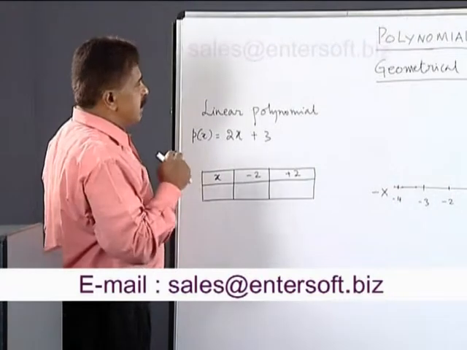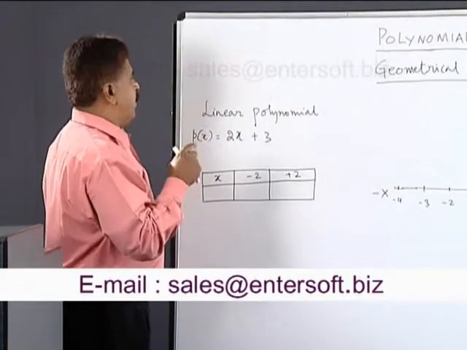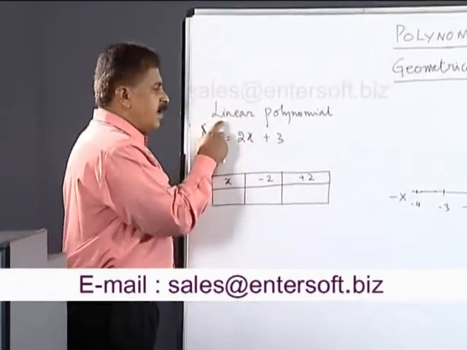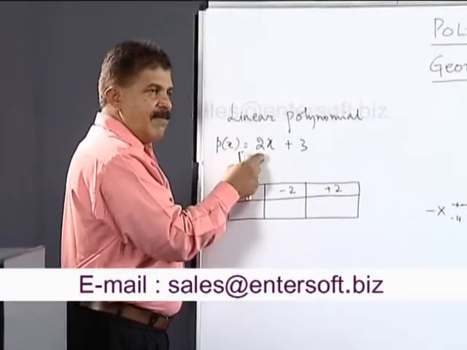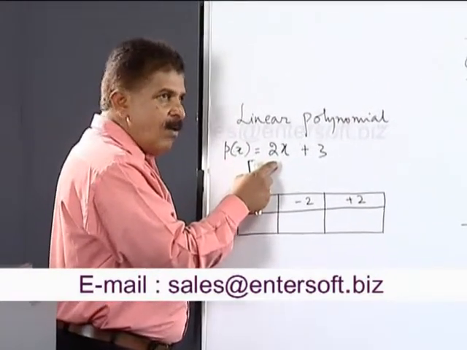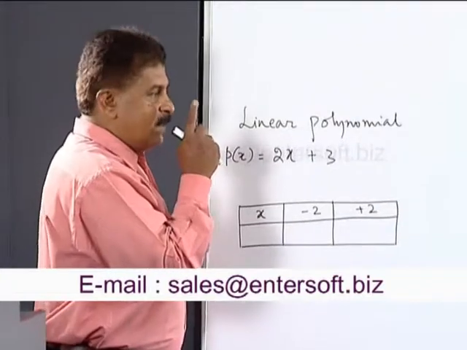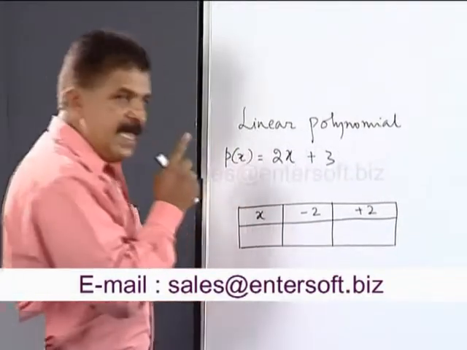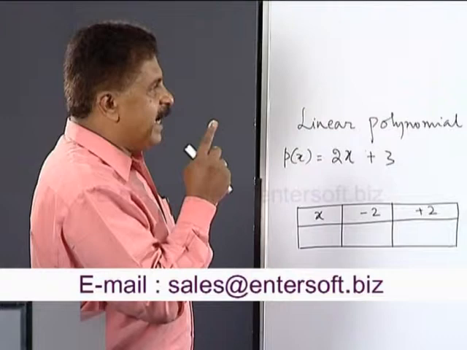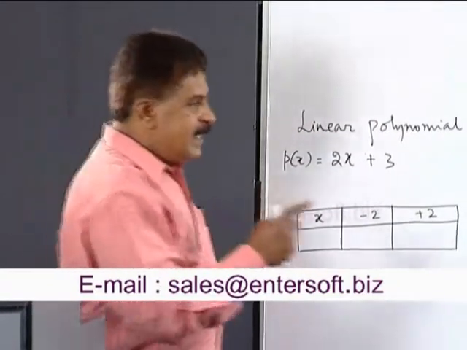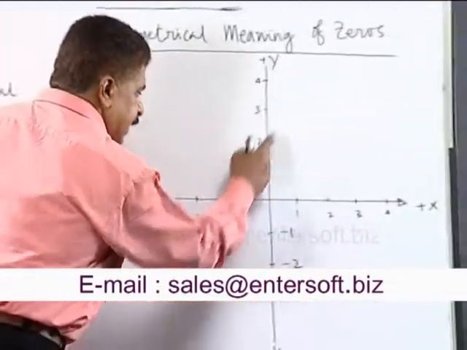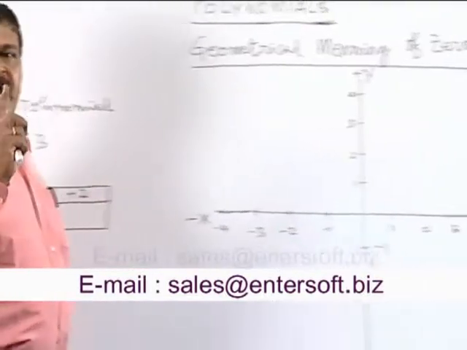The second thing is, what is the meaning of the zero of the polynomial? For example, in a linear polynomial of degree 1, I will have a maximum of 1 zero. So this 1 zero means that when this straight line is plotted on a graph, it cuts the x-axis at one point.